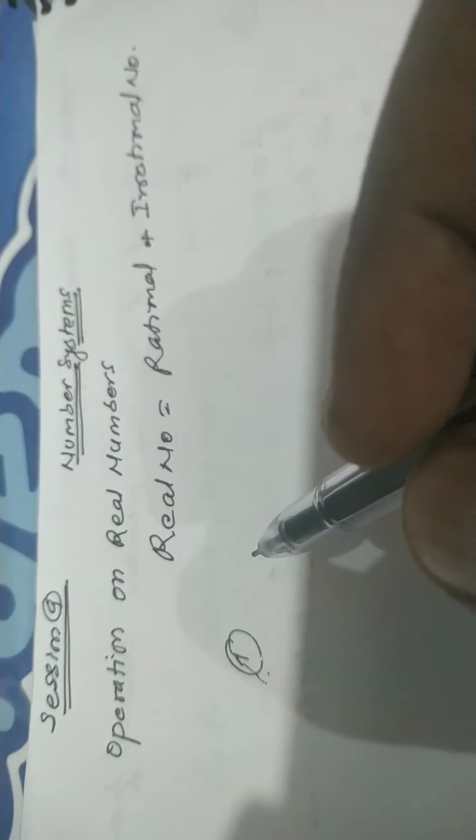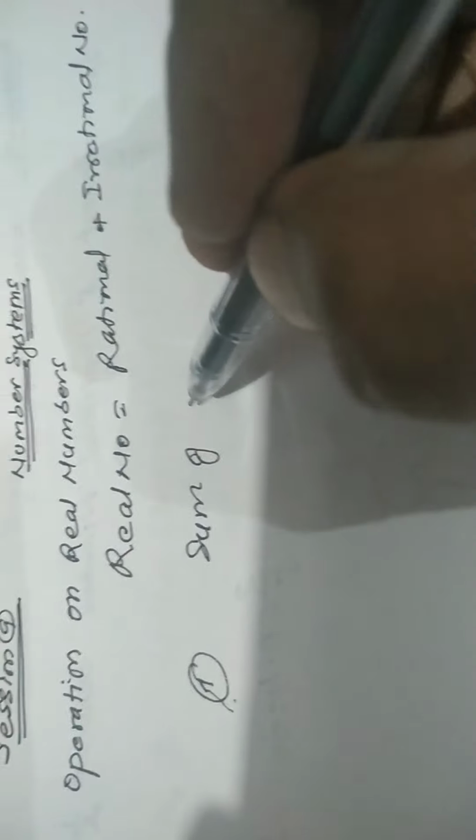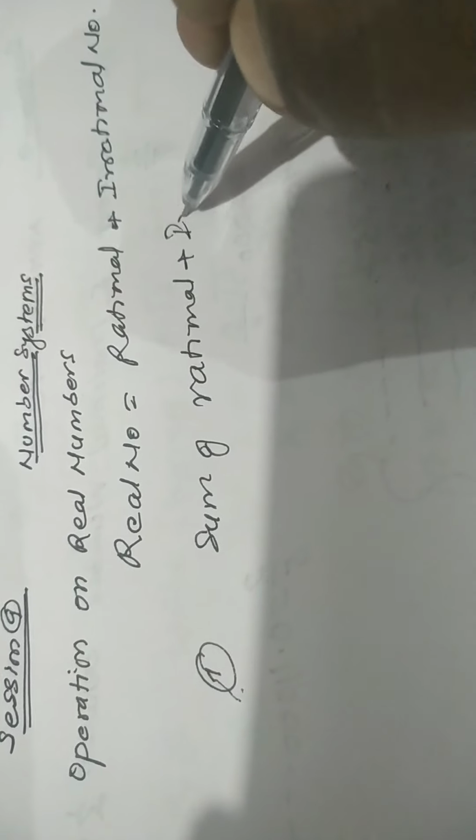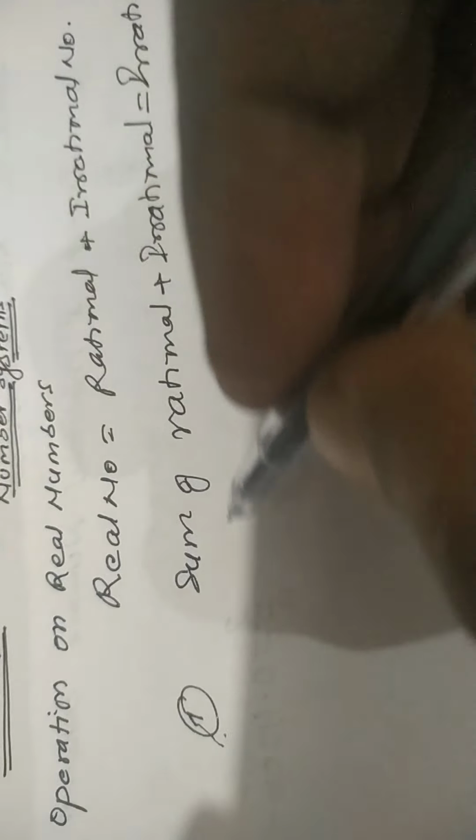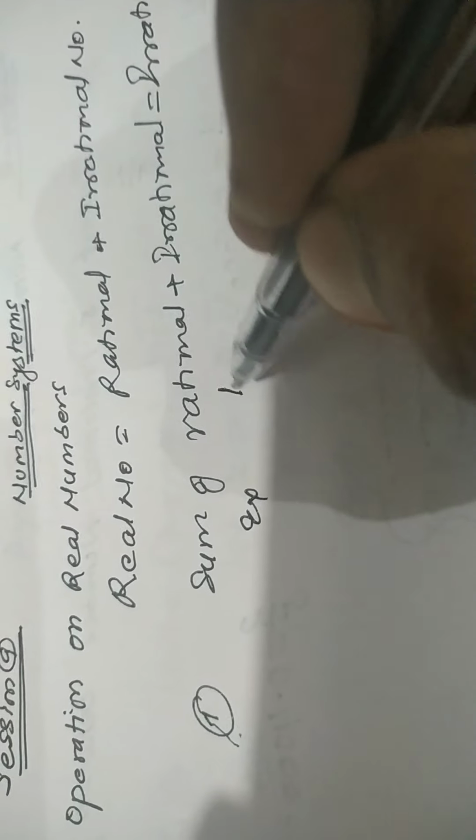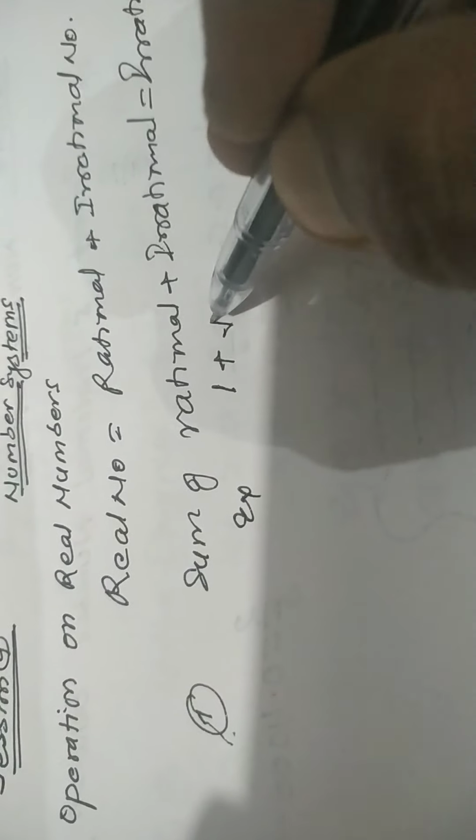the sum of a rational and an irrational is always irrational. So first is the sum of a rational number plus an irrational, which is equal to irrational. For example, the rational number 1 plus the irrational number under root 2 is equal to 1 plus under root 2.